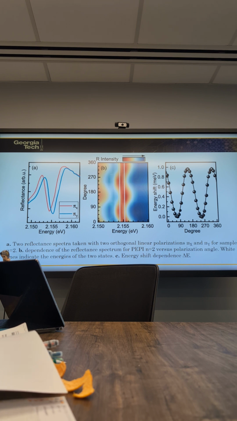Okay. Are these models or are they actually measured? Yeah, they're models. It's a way they measure how the reflectance is changing with polarized light, right? Because you are using light at different angles.